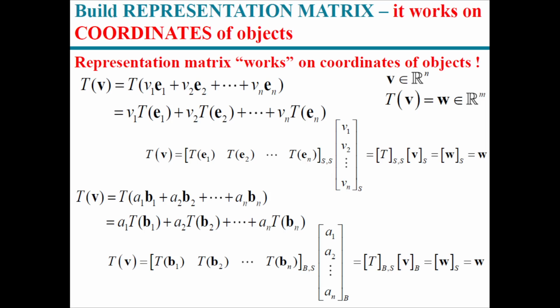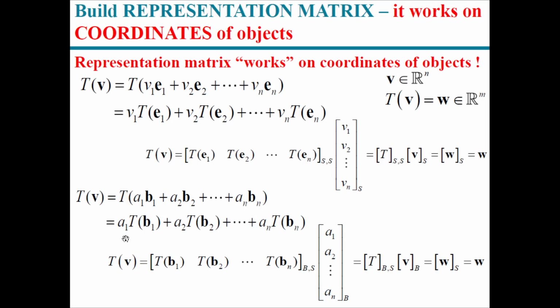So that was straightforward. Now, similarly, when we express vector V in a basis B, so we express it as a linear combination of basis vectors from the basis B, this is what we get, obviously. And then we apply again linearity of the linear transformation, and we get this part here.